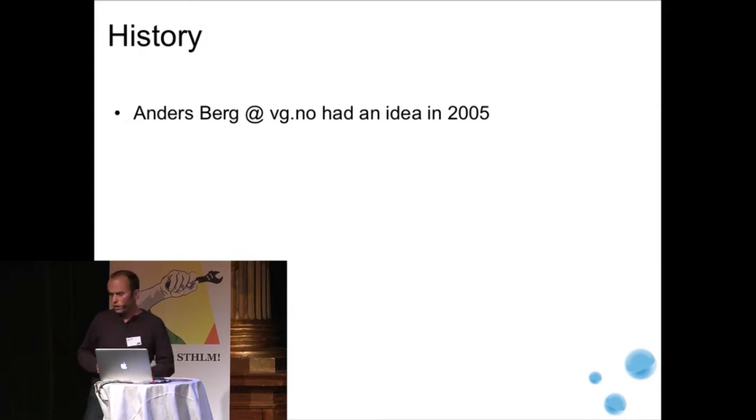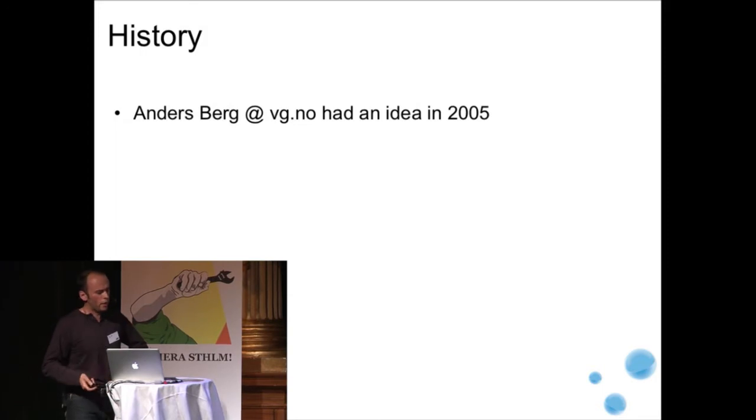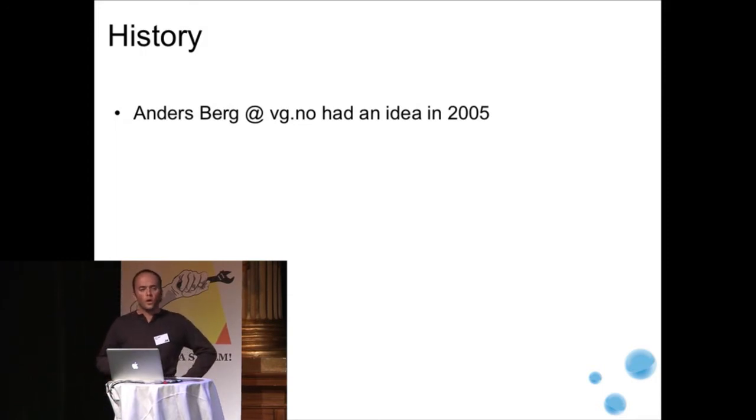VG, which is more or less Aftonbladet in Norway, had at that point, I think, been running Squid on 12 servers. My impression of the Squid project at that time was that they were first and foremost focusing on being a forward proxy. A forward proxy is a kind of proxy which you install in your office, so that if one of you goes to Aftonbladet and has a look at the front page, and your neighbor does the same thing, it'll be served locally from the cache instead of being fetched over the internet.